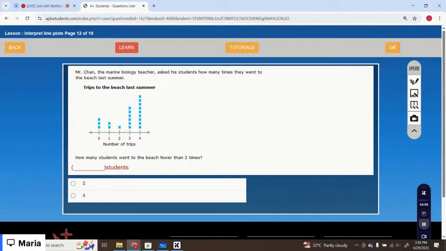Fewer than two times means one and zero. That is five. Option number one is the correct option.